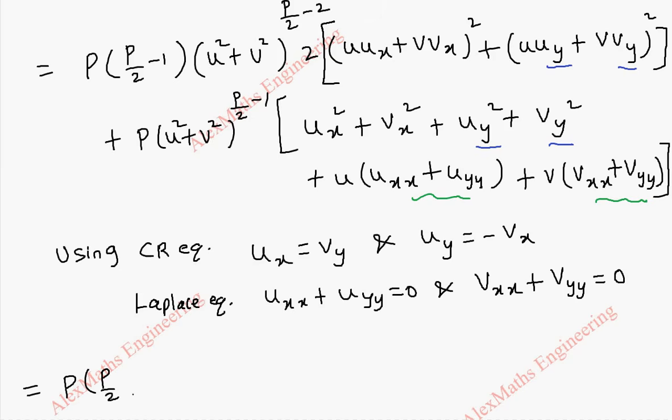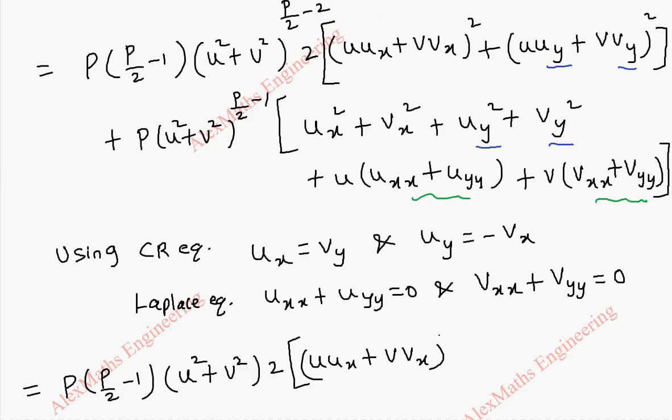p into p by 2 minus 1 into u square plus v square, and there is a 2, open bracket, ux plus vx whole square plus u minus vx plus v, and vy, using the CR equation, is ux.